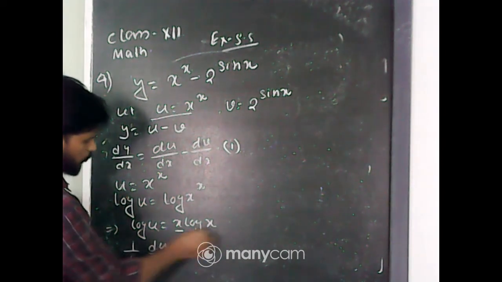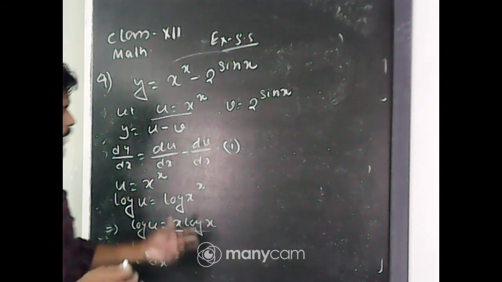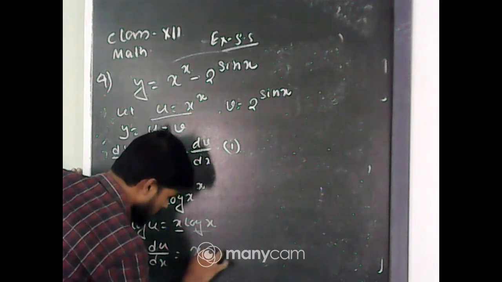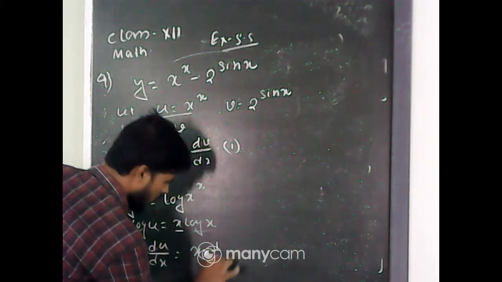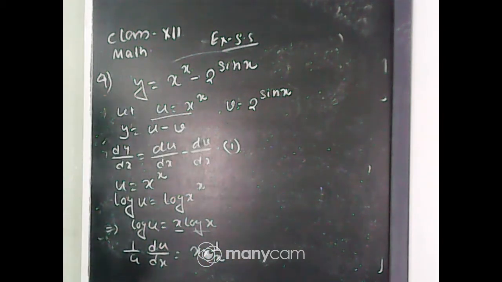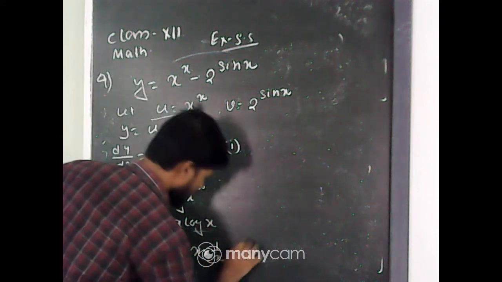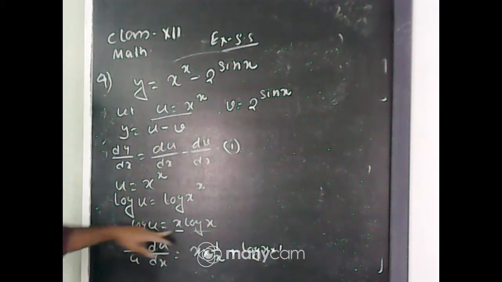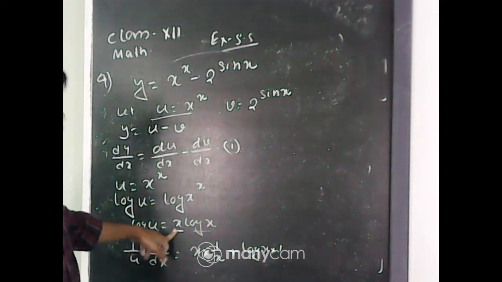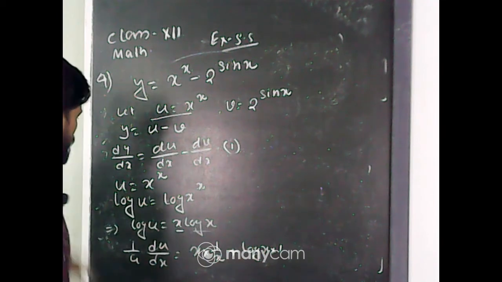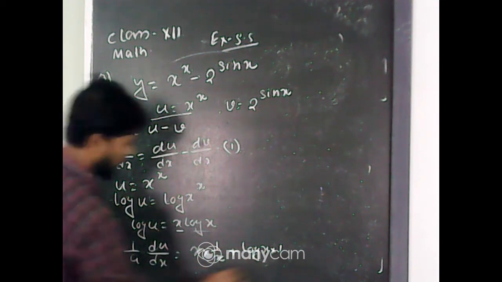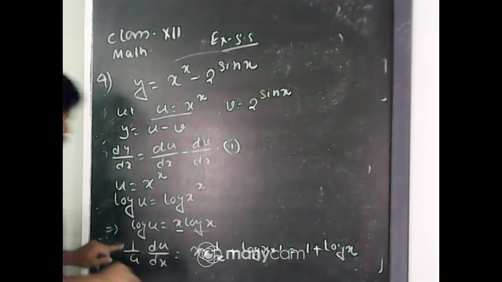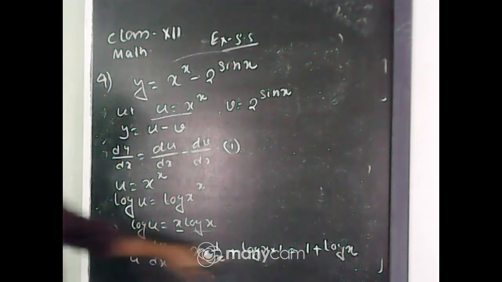This is actually a product of two functions, one is x and one is log x. So it will be first function into derivative of second function, and we know that the derivative of log x is 1 by x, plus second function into derivative of first function. First function is x, so derivative of x with respect to x is equal to 1. So, it is 1 plus log x. Now, 1 by u du dx equal to 1 plus log x.